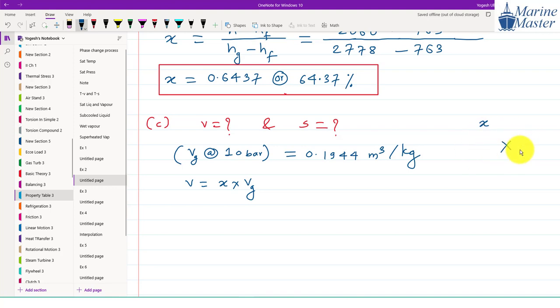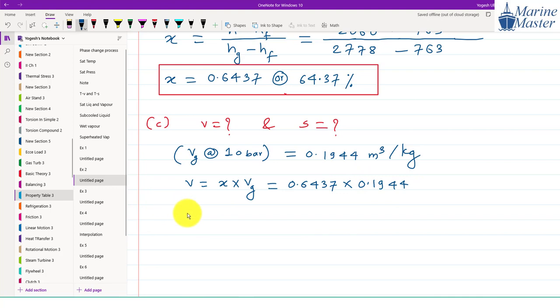Always remember throughout the discussion that this is X and this is a multiplication symbol. So X value is 0.6437. Don't take the percentage value here, always take the proportion value. And then the next thing, Vg is how much?